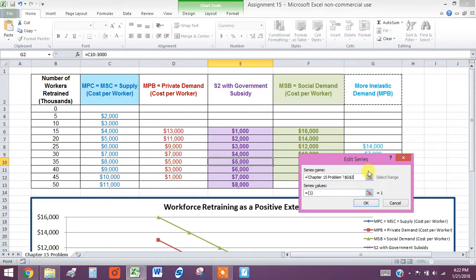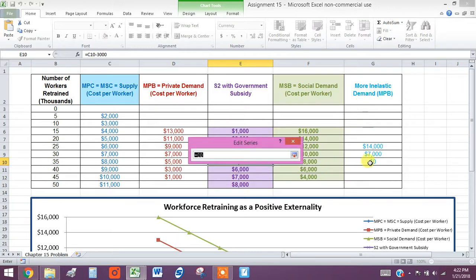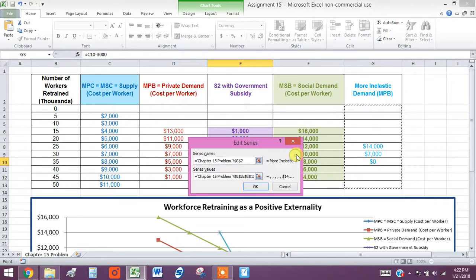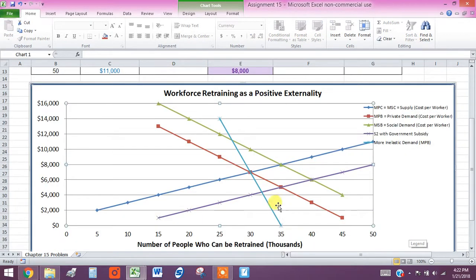And then we're going to click on our grid right here, and we're going to once again make sure you select all the rows of the column, all of them. And then come down and click okay, okay. And now we can see a different demand, very much more inelastic than this one right here.